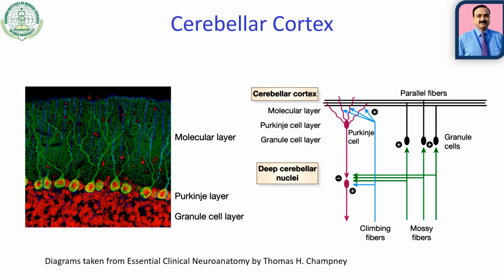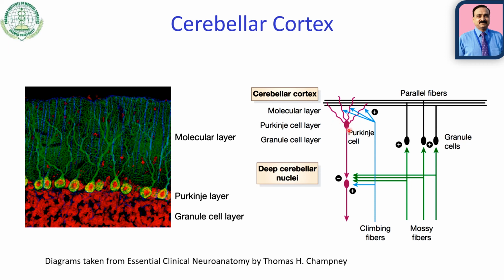In this diagram you can make out what are the components of the molecular layer. Here you can see in molecular layer there are parallel fibers of the granular cells and dendrites of the Purkinje cells. Okay, then there are cells also. We will see that stellate cells. Then in Purkinje cell layer you can see flask shaped Purkinje cells.